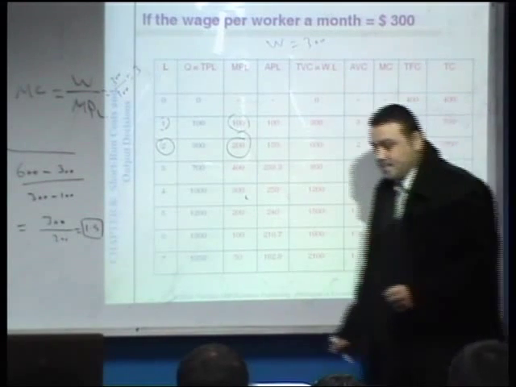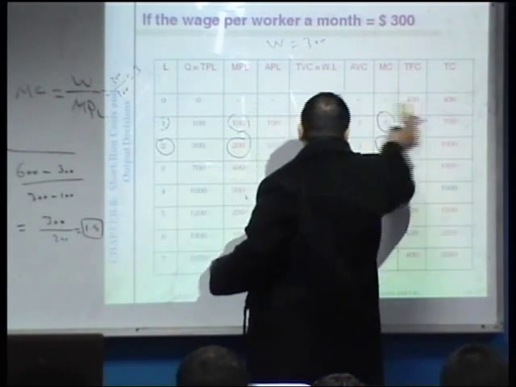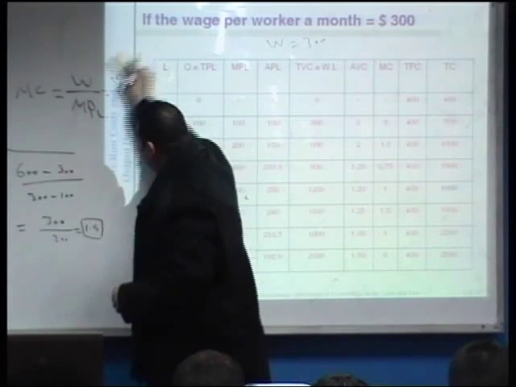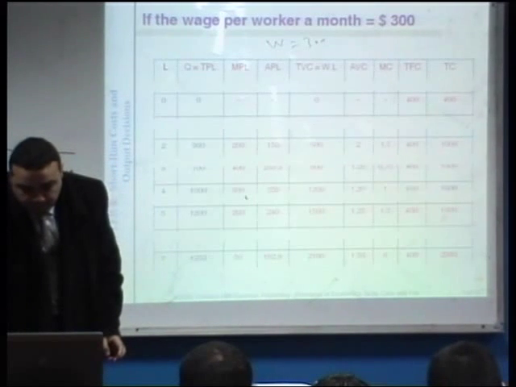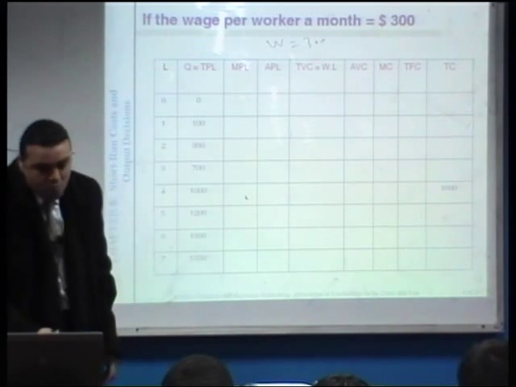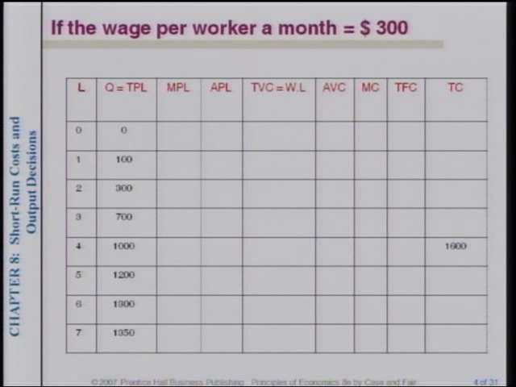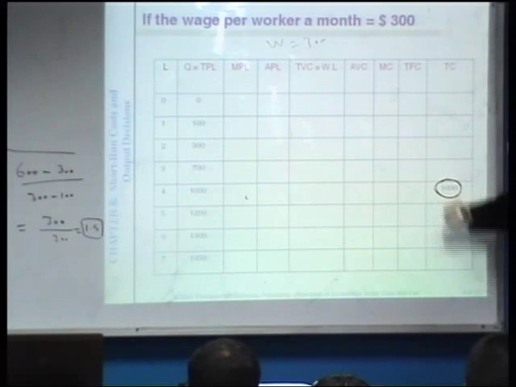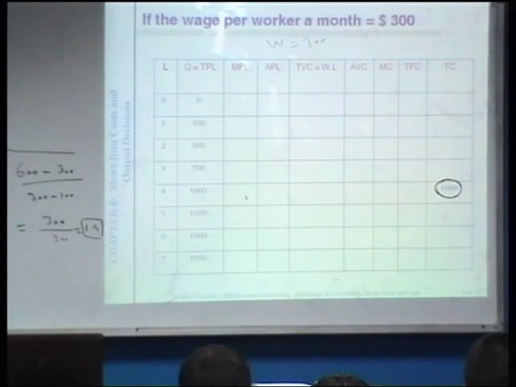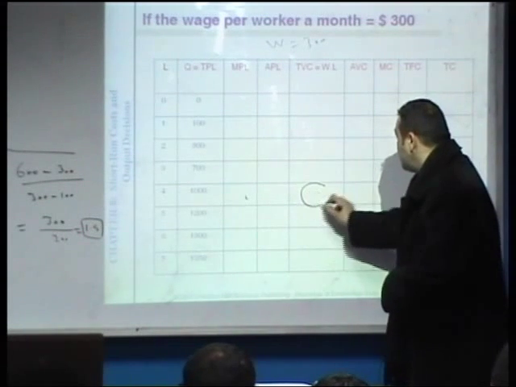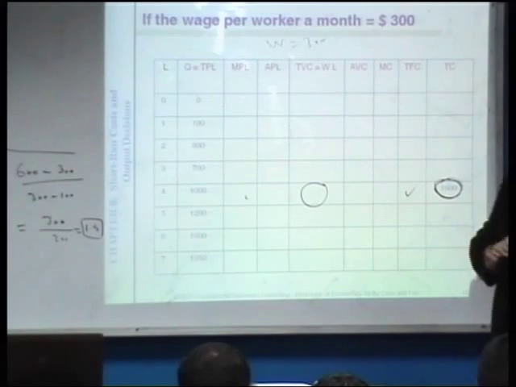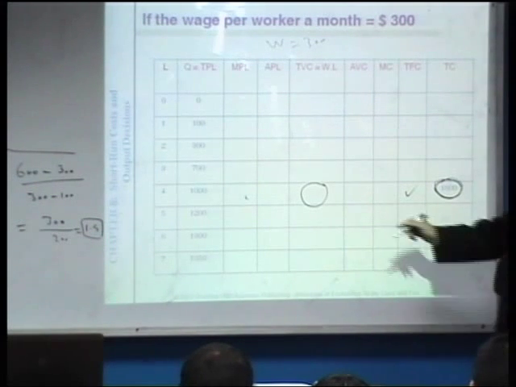The same. Okay. Let's go to calculate the total fixed cost and the total cost. As you see here, we have the total cost of 1,600. TC minus TVC gives us TFC. So how much is the TVC?